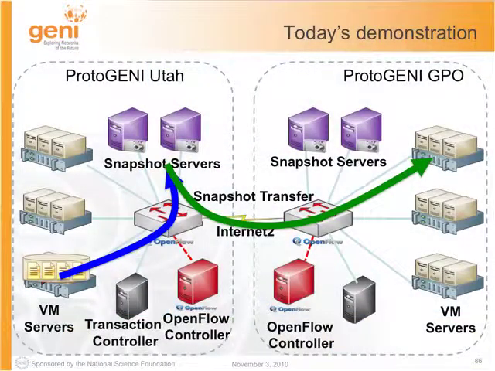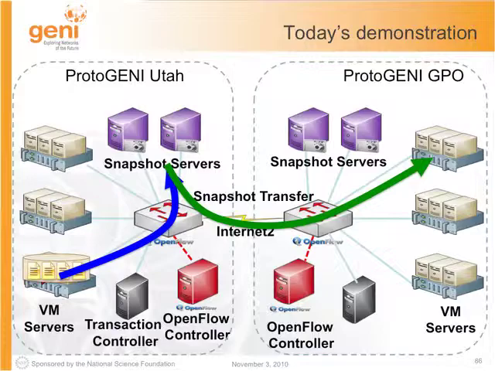So with that, I'm going to show today's live demonstration. Before that, I want to give a brief overview of what we are going to show. We have two sites in our slice: the University of Utah and the GPO site. On the University of Utah side, we have a bunch of servers where we can run virtual machines.